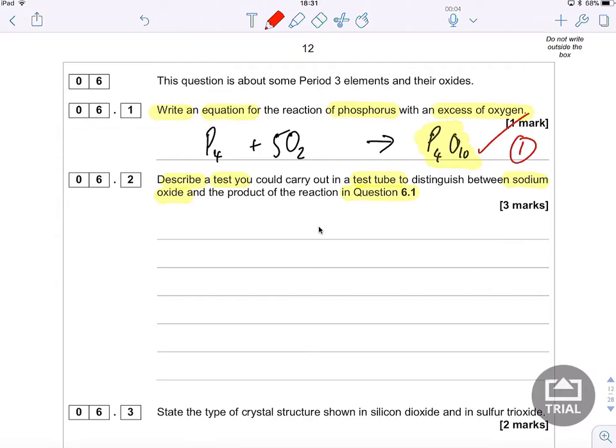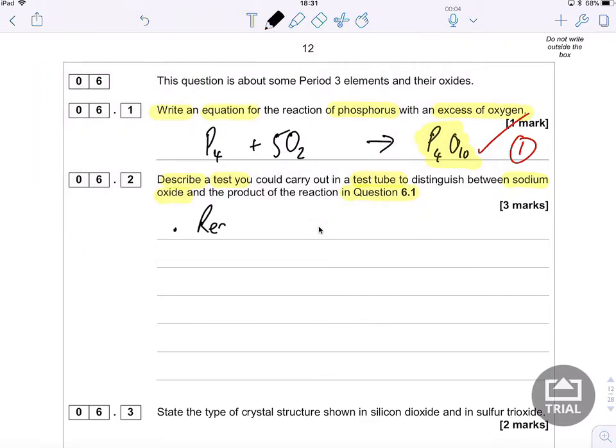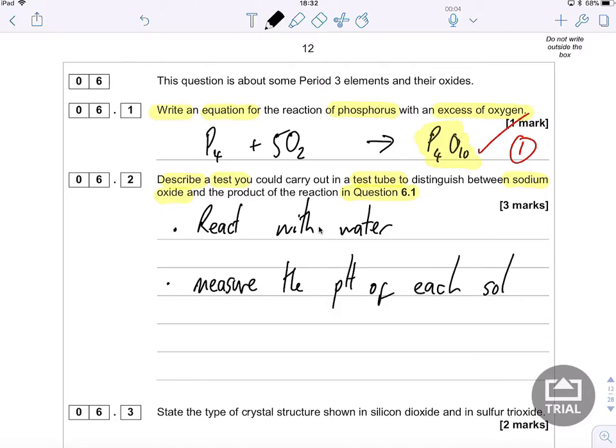So what I would do is I would get some water. I'd say react both oxides with water. I would measure some way of measuring the pH of each solution formed. So I could use UI paper or I could use a pH meter.